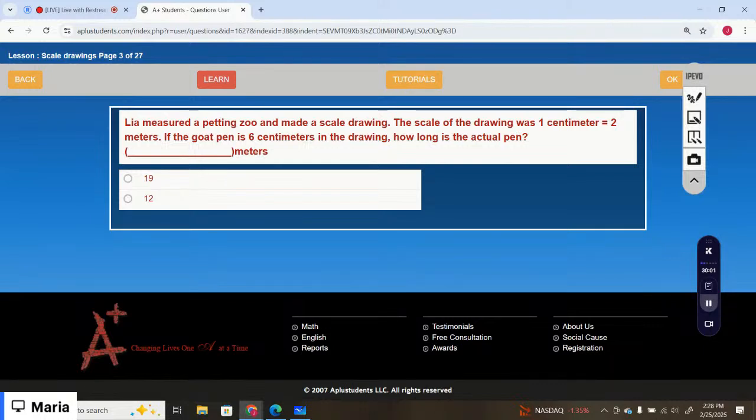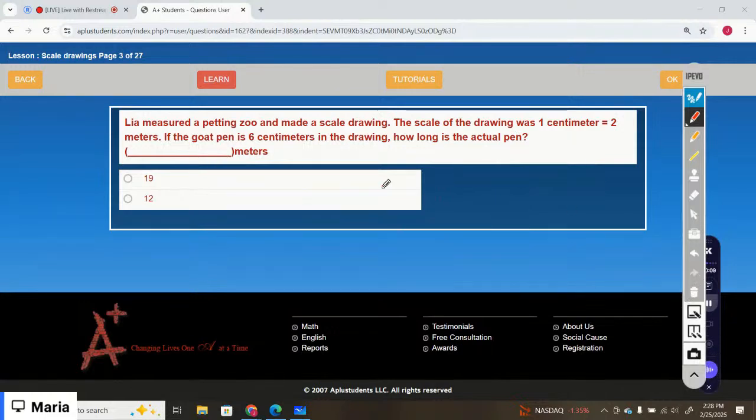Leah measured a petting zoo and made a scale drawing. The scale of the drawing is 1 centimeter equals 2 meters.